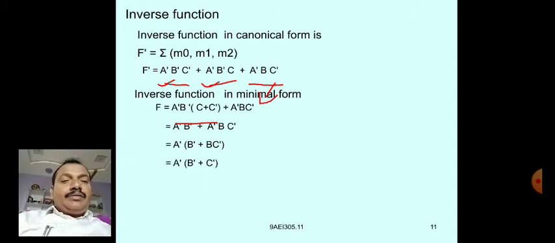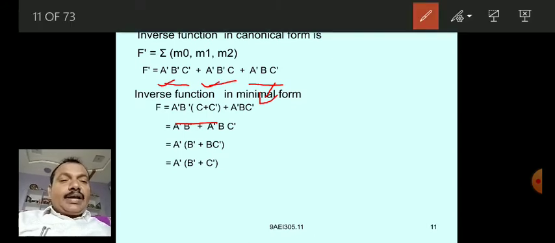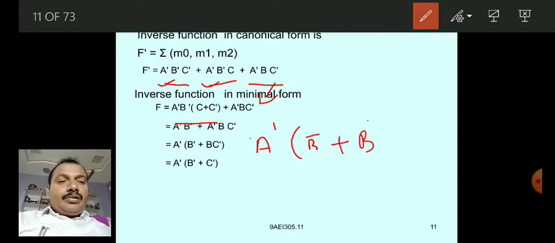So this expression B bar plus B C bar you can write like this by the induction theorem, that I already told you. This you can write like this: A bar times (B bar plus B) times (B bar plus C bar).